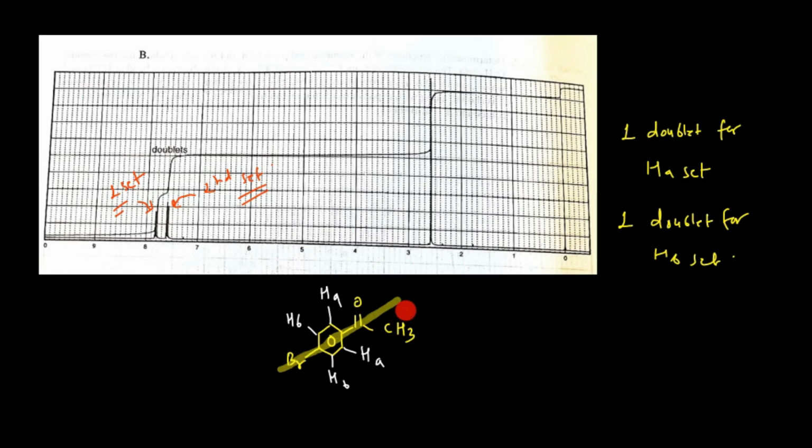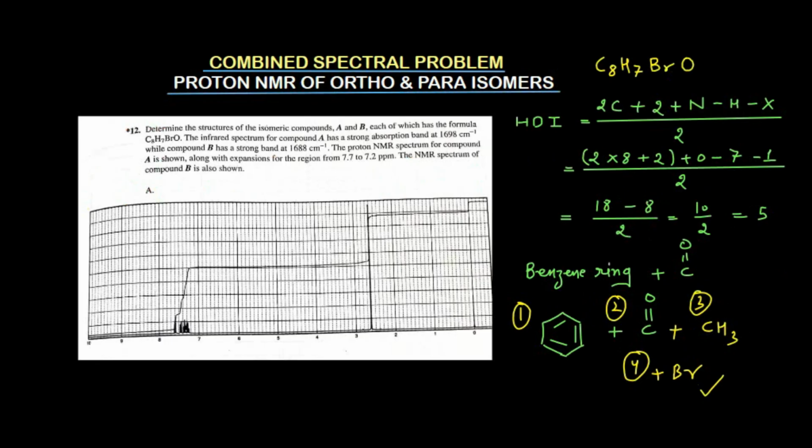In this para isomer, there is a very smooth conjugation between the electrons of the benzene ring and this carbonyl group. So less energy will be required to stretch this particular bond, which will reflect in its lower value, 1688 cm⁻¹. So basically these two isomers belong to two different kinds of acetophenones. One is the ortho derivative and the second is the para derivative. So there is no possibility of the meta isomer in this case. Okay.